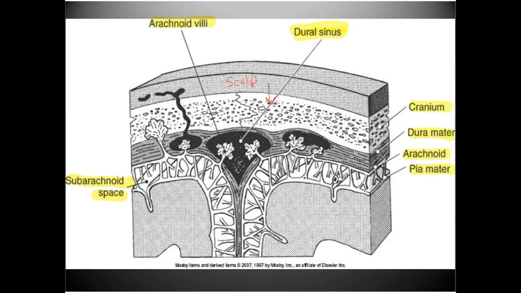And then below that we have the dura mater, which is comprised of this layer. And just below that we have the arachnoid. Then we have the subarachnoid space, which comprises this area. And then we have the pia mater, which is directly covering the brain.